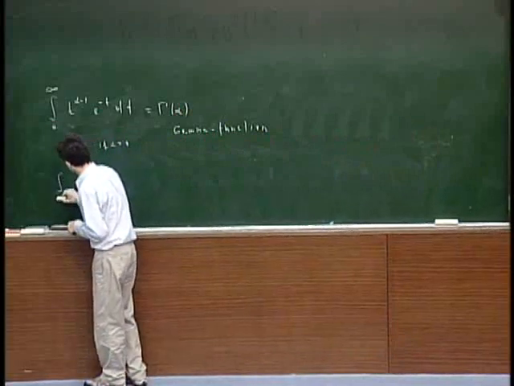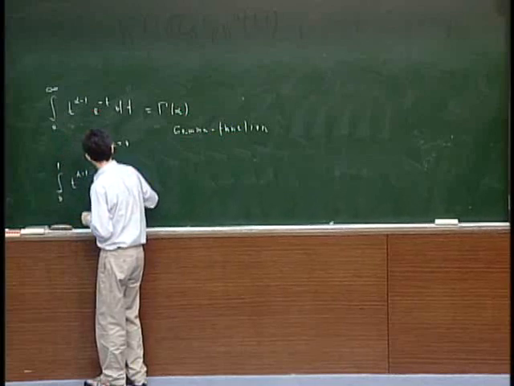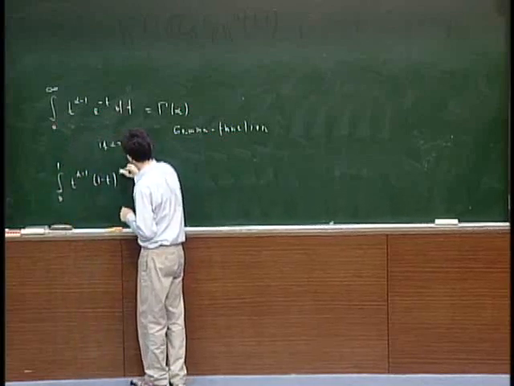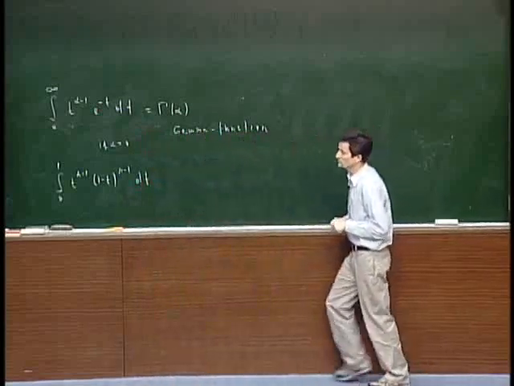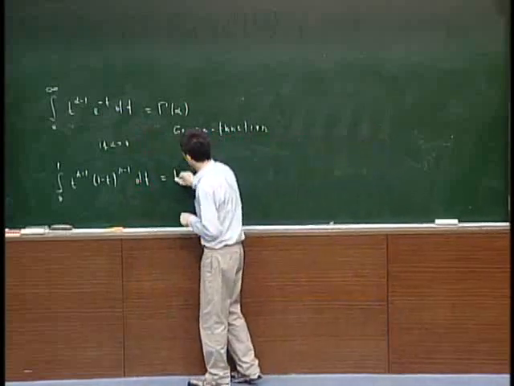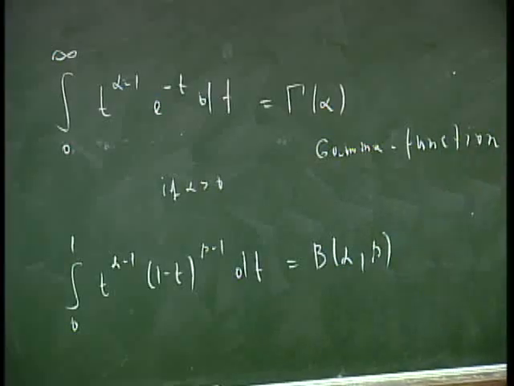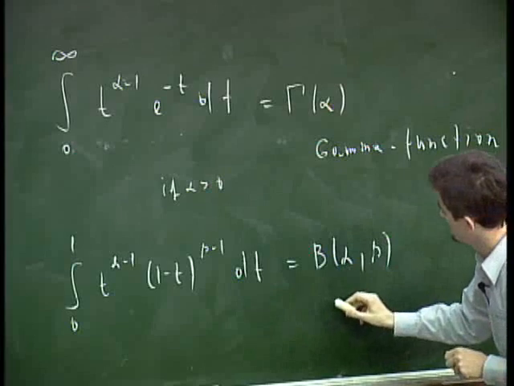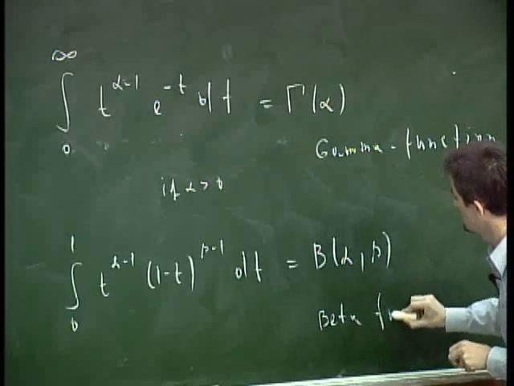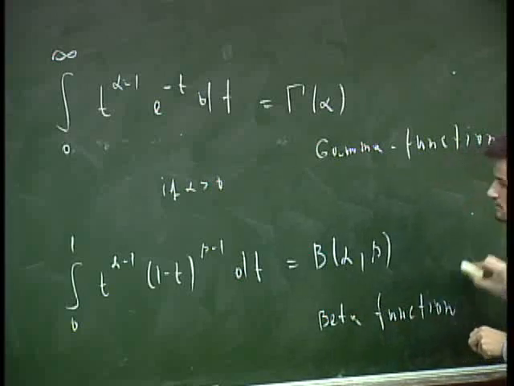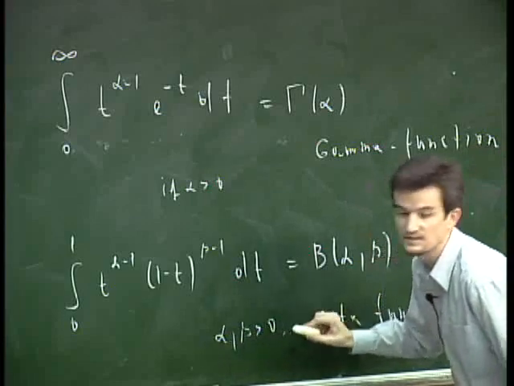We normally define also another function like this, which is called a beta function. So this is the beta function. Again, you need that alpha and beta are both larger than 0.